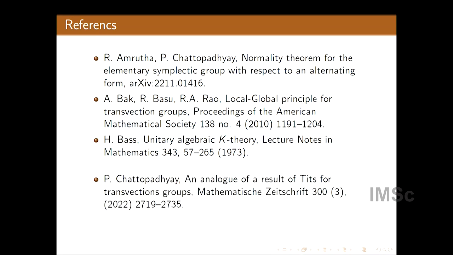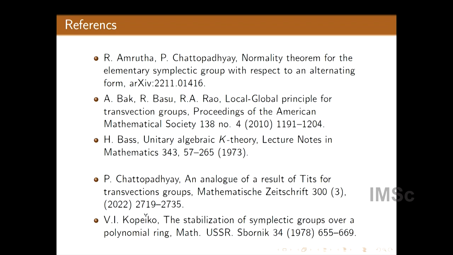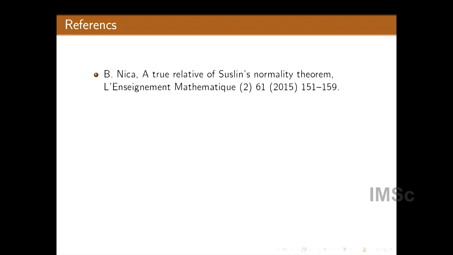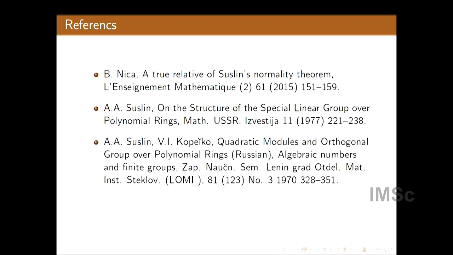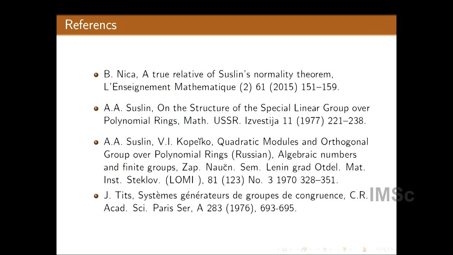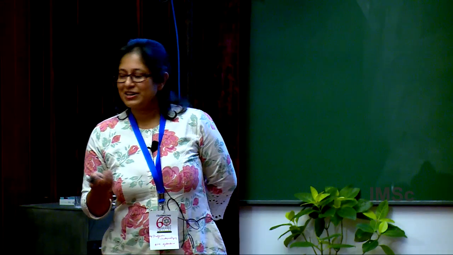This is Tits's result for the transvection group, and this is Kopeiko's result regarding Suslin's normality theorem for the symplectic group. This is Nica's result, and all the details I talked about can be found here. Then this is the main reference with which I started this presentation, and this is Suslin and Kopeiko's reference, and finally Tits's result. Okay, thank you.